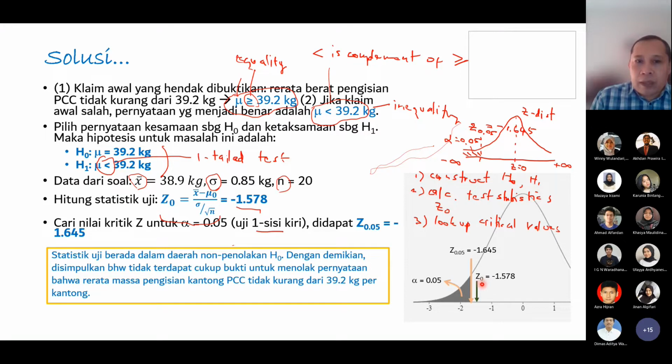In other words, there is not enough evidence to reject H naught, to reject the statement that the average filling weight is not less than 39.2. All right. So in other words, going back to our original claim, the claim from the cement factory is supported.